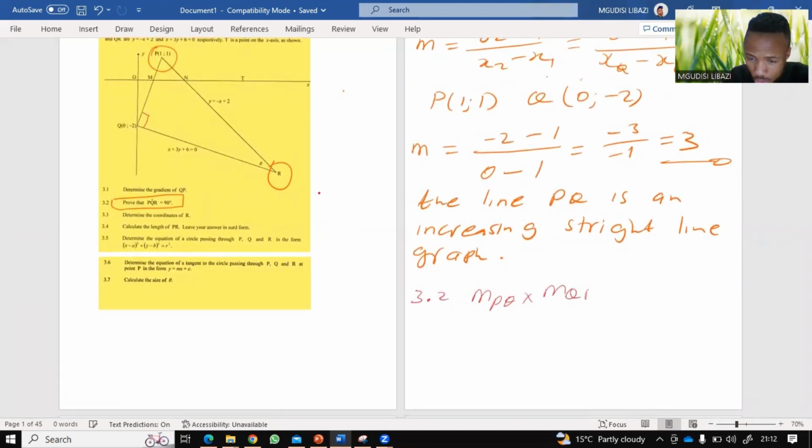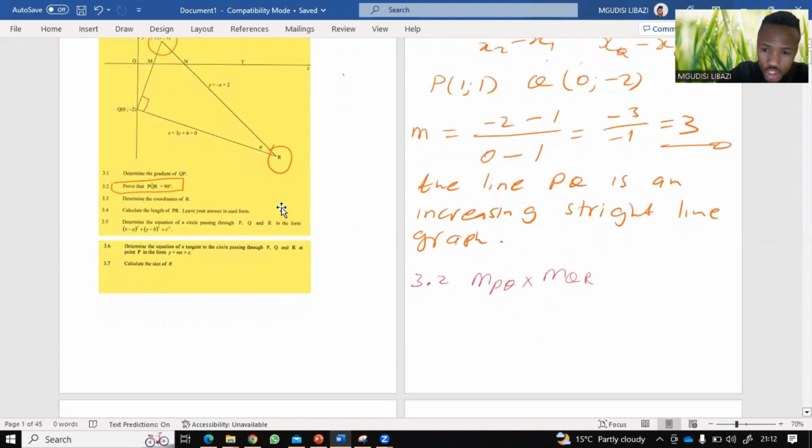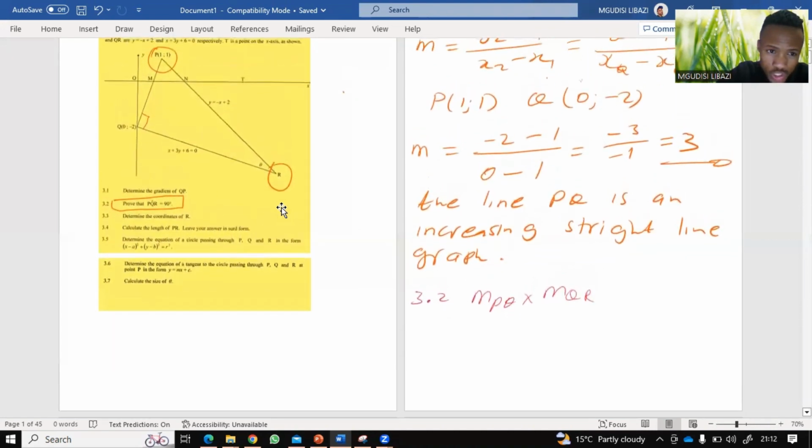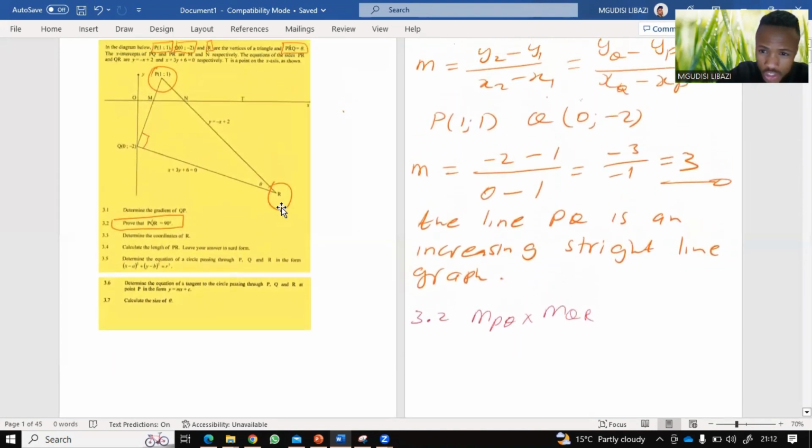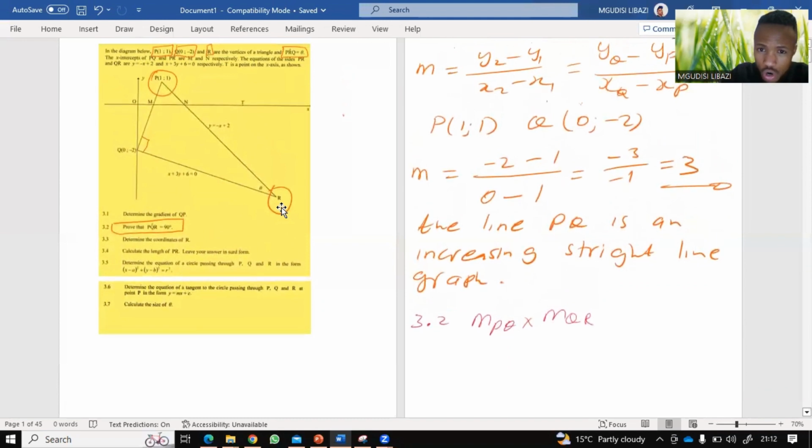Those two lines are the lines making the angle there. We have already calculated the gradient of the line PQ in the first question, and now we need the gradient of the line QR.